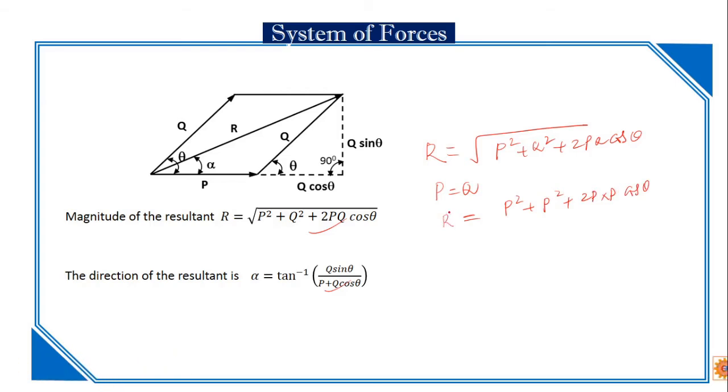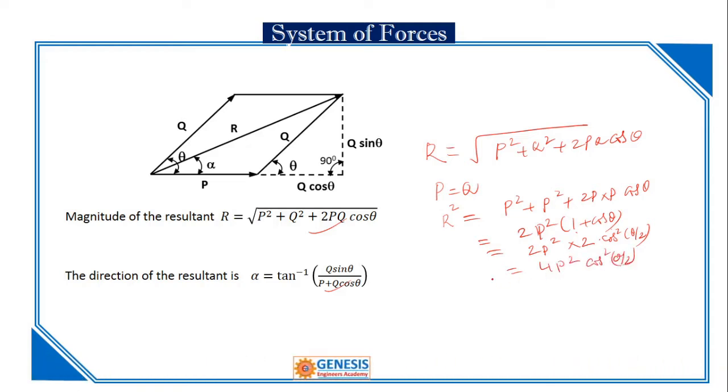So this is R square, and it is 2P square into 1 plus cos theta, and 1 plus cos theta is equal to 2 cos square theta by 2. So this is 2P square into 2 cos square theta by 2, and this becomes 4P square cos square theta by 2. Okay, you got my point?